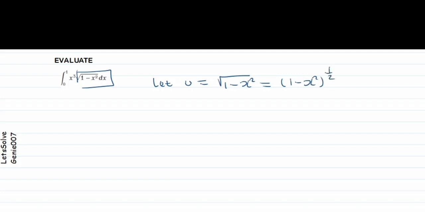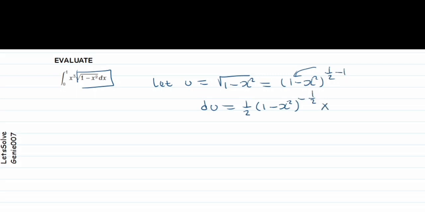So here, since we have let u be equal to this function, we need to rewrite everything in terms of u. To start with, we need to differentiate u. Differentiating this one, we drop the power, so we have 1 over 2, open, 1 minus x squared, close, to the power 1 over 2 minus 1, we get negative 1 over 2.